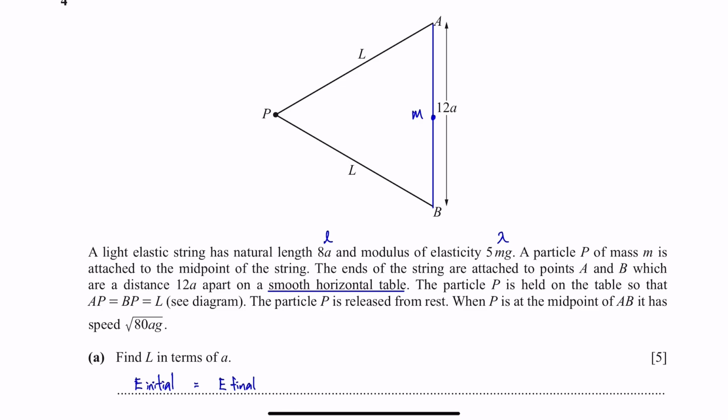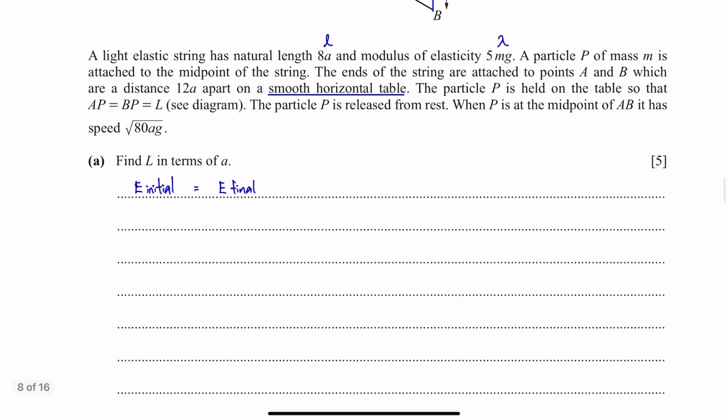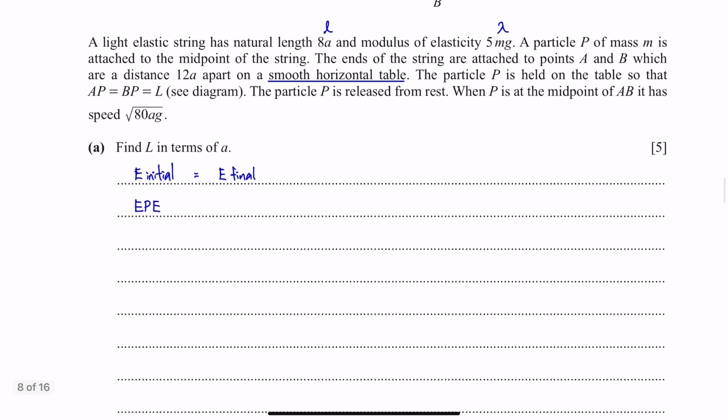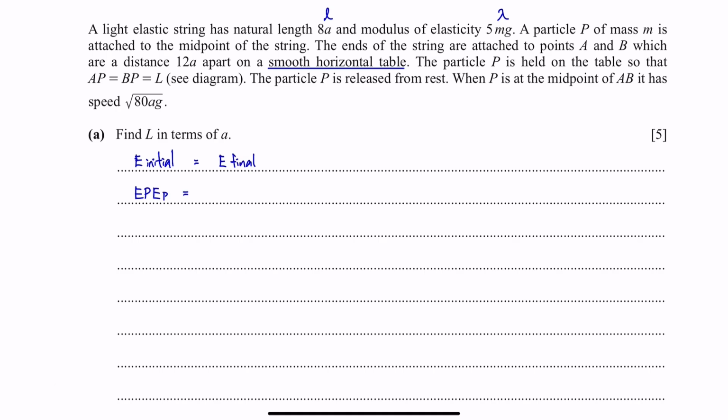Why is there still elastic potential energy at M? Because the natural length is 8a, and at M it's stretched to 12a. So it is still in a stretched form. So we can write the elastic potential energy at P equals to the elastic potential energy at M plus the kinetic energy at M.